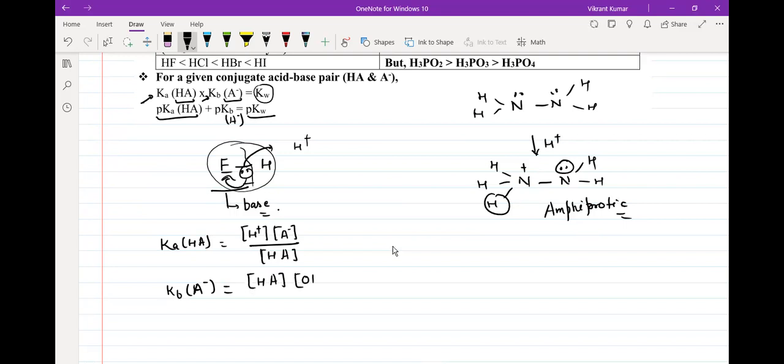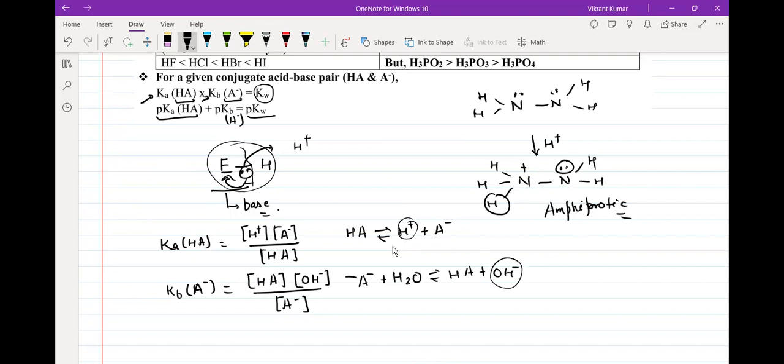It will release OH minus, and on the left side it had A minus. To show the acidic behavior of HA, we write HA gives H plus plus A minus. And to show the behavior of A minus, we write A minus gives HA plus OH minus. That's how it acts as a base, and this acts as an acid.